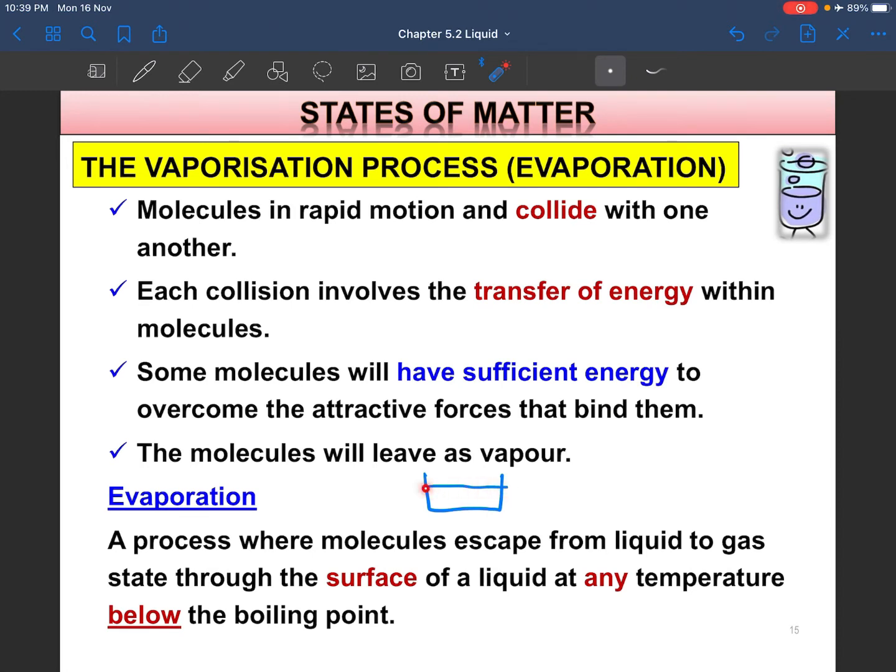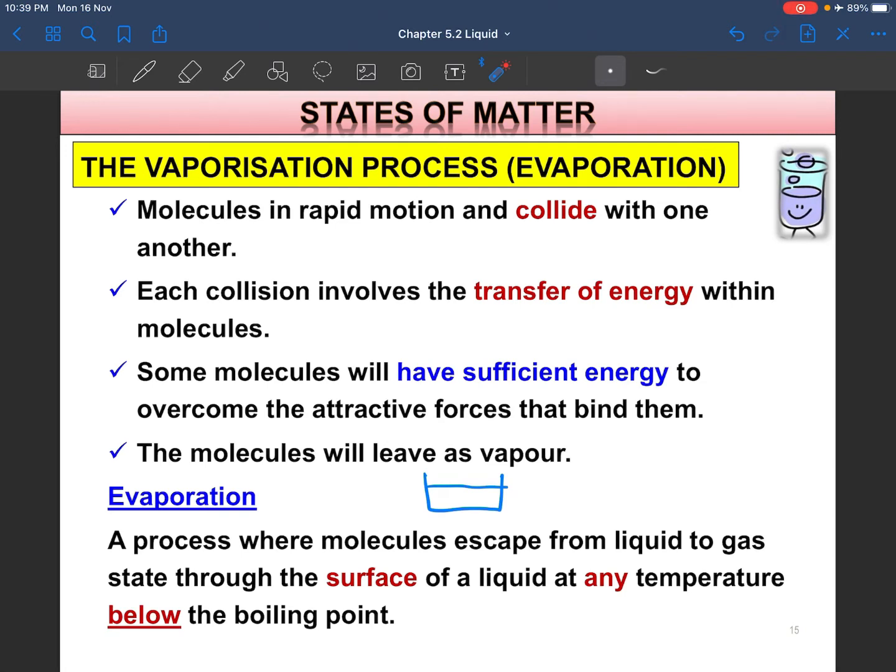Okay. And this evaporation can occur anytime at any temperature below the boiling point. So, tak perlu nak tunggu 100 degree Celsius. This evaporation dia memang sentiasa berlaku. Okay. So, kena fahamlah benda tu. Dia lain daripada boiling. Boiling tu berlaku apabila temperature dia 100 sahaja.